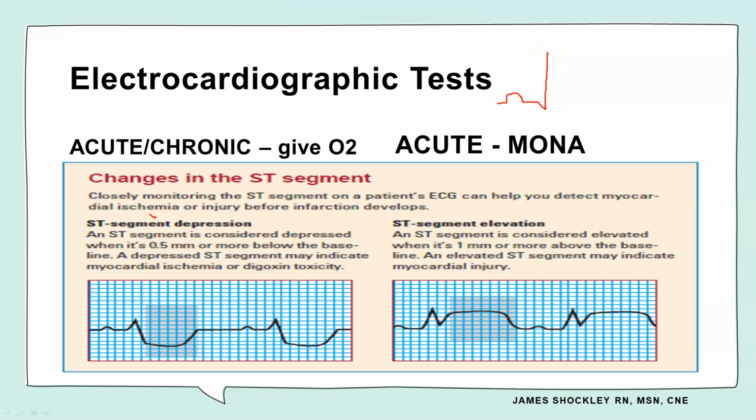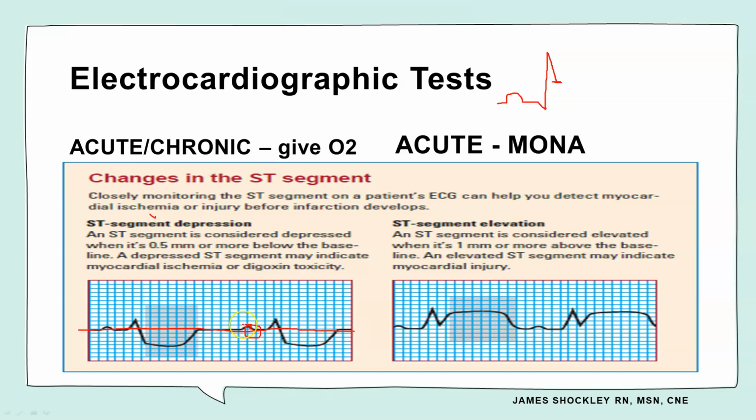The next line, the one that's going to try to come back down to this isometric line, is the S wave. So wherever this wave lands is going to be indicative of whether I call this ST depression or ST elevation. I'm going to make that decision based upon something called the isometric line. This line that the P wave is on should be a straight line.